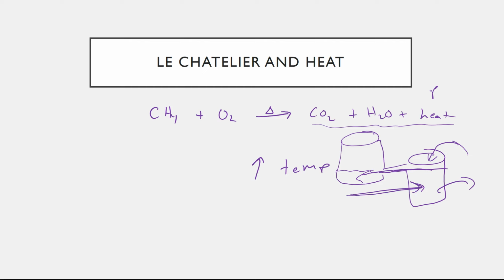We're going to move to the right. So heat, we treat just like the concentration. If I increase products, right, or increase the heat of an exothermic reaction, so whatever side the heat's written on, right, remember makes it exo or endo. If I increase heat, if heat's one of my products, I'm going to push it back to the reactant side. If I decrease the heat and heat's a product, and so on.